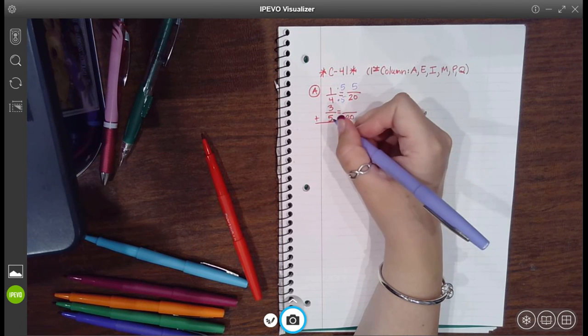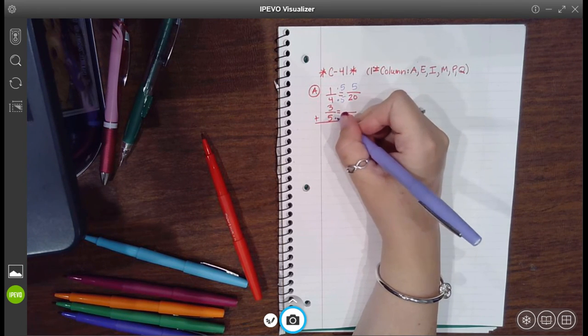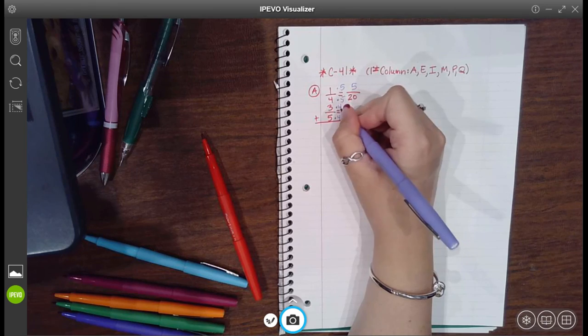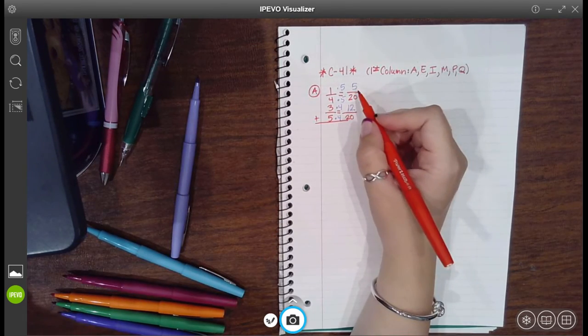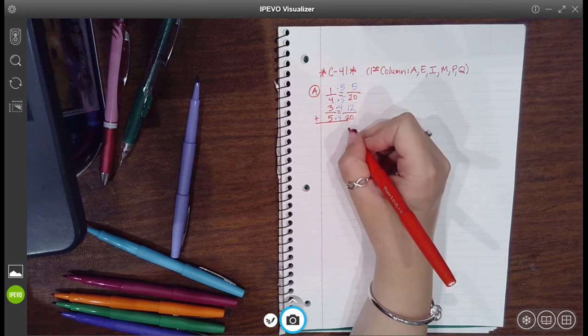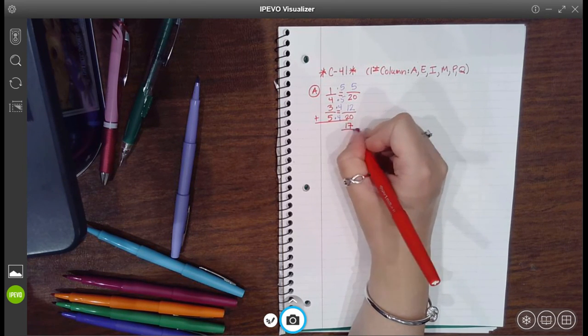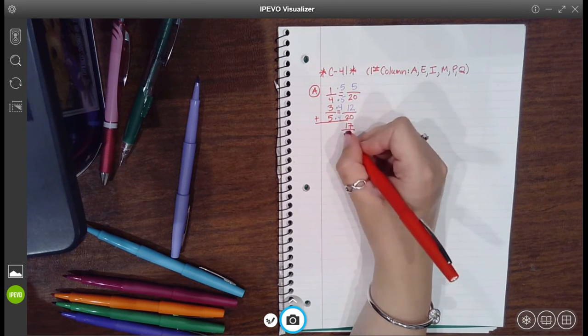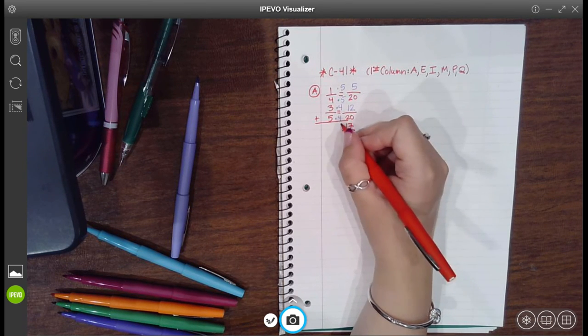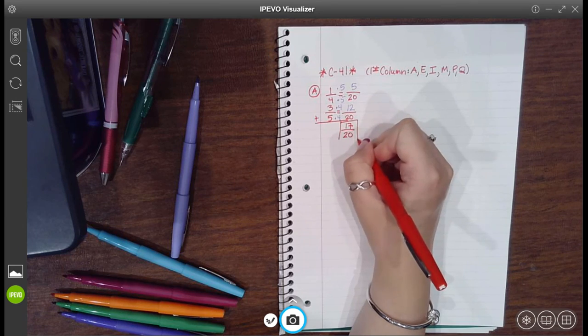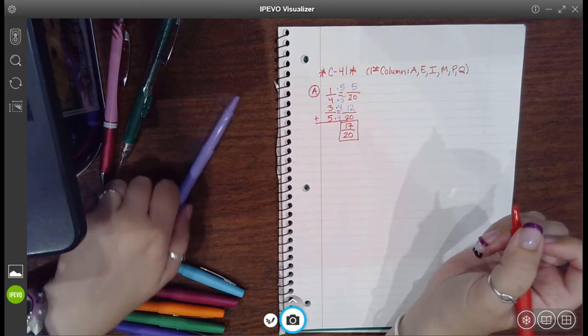So let's continue. 5 times what is 20? 4. So 3 times 4 is 12. Now you have 5 plus 12. Add the numerators and keep that denominator the same. Can you reduce it? No. Is it improper? No. So then you're done.